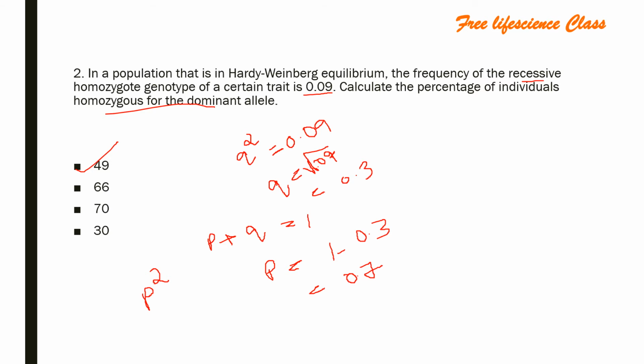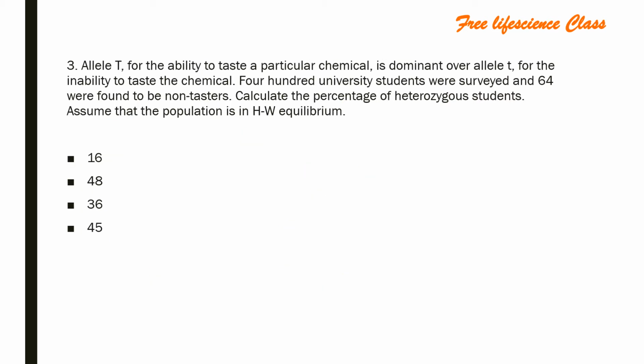Okay, moving into the next. Allele capital T for the ability to taste a particular chemical is dominant over small allele t for the inability to taste the chemical. 400 university students were surveyed and 64 were found to be non-tasters. Calculate the percentage of heterozygous students. Assume that the population is in Hardy-Weinberg equilibrium.